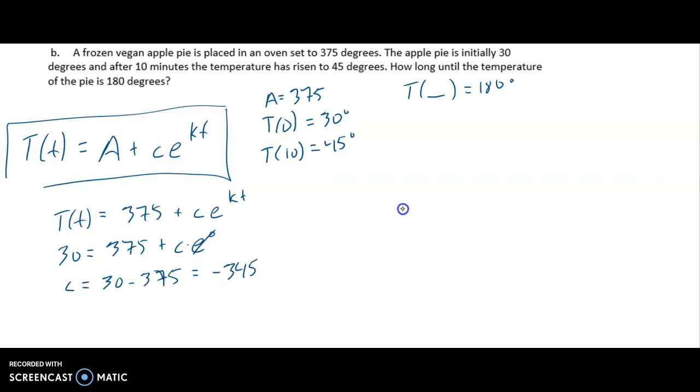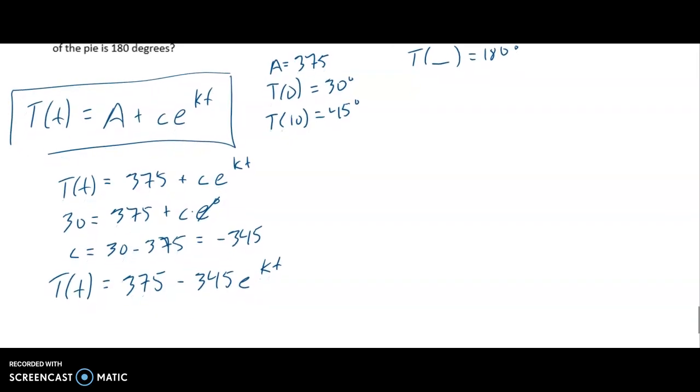So from there, I have T of t is equal to, all right, the ambient, I'm going to take this right here, so I get 375. But then I know my C value here is negative 345. So I'm going to write minus 345 times e to the kt. And now I'll scroll down a little bit. At this point, I've used this one, cross that out. The next thing I'm going to use is this one right here.